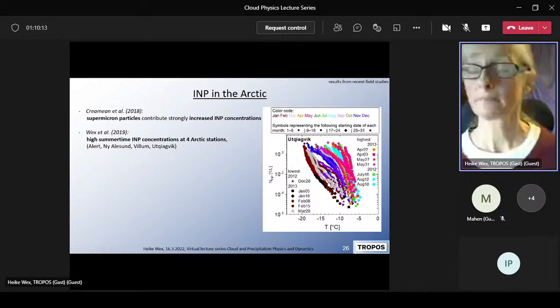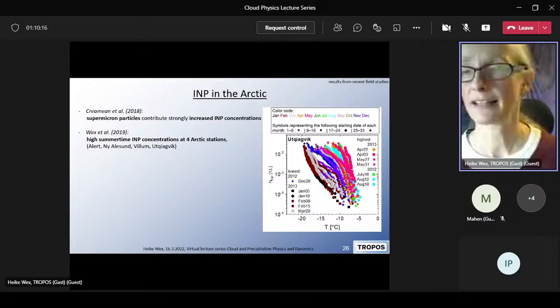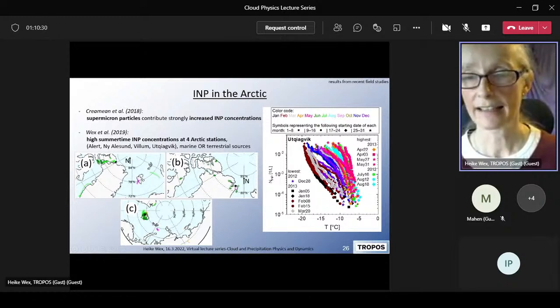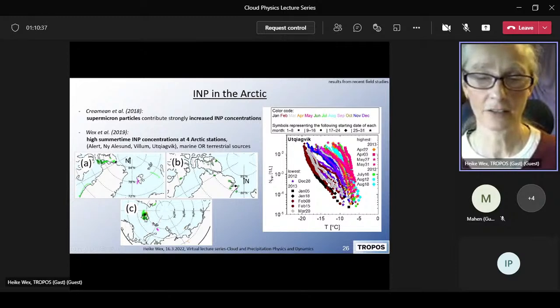And we also tried to find out where these highly ice-active INP could come from. And this is now 3 maps of parts of the Arctic for different cases. And you see here the shoreline of Greenland, a bit of Svalbard, a little bit here in the ocean. Again, a lot of Greenland, northern Greenland, a bit of Canada. This seems to be terrestrial, and this is a lot around Svalbard.